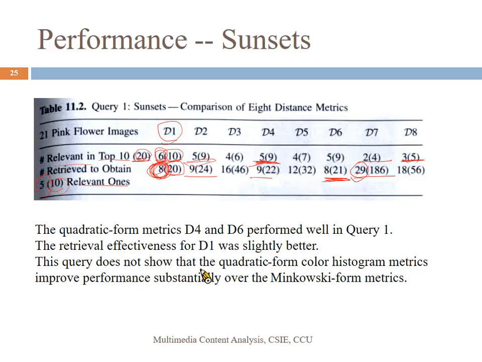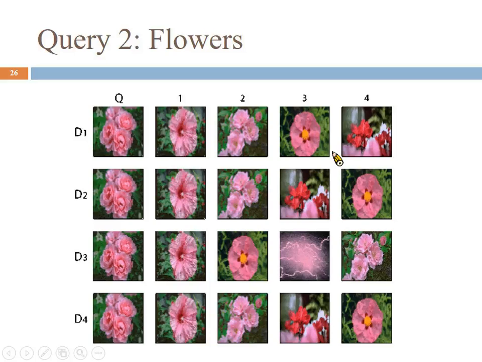This query does not show that the quadratic form color histogram matrix improves performance substantially over the Minkowski form. So here we see similar performance based on D1, D2, D4, D6.